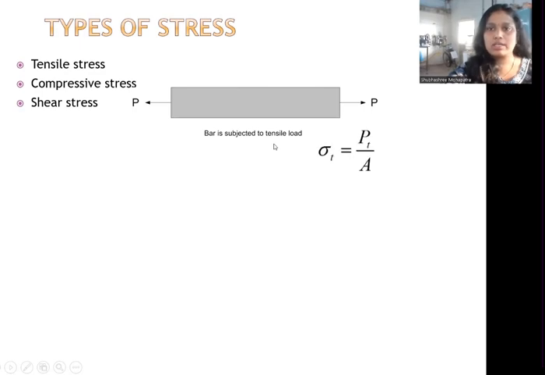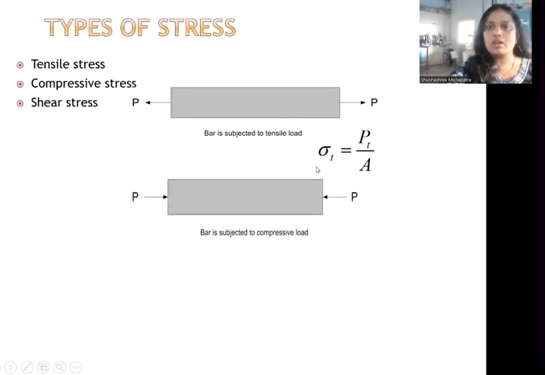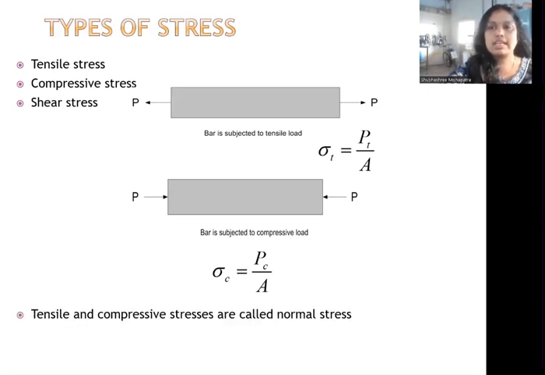It is nothing but the tensile force over the cross-sectional area. Similarly, for the compressive stress, the bar is subjected to two equal and opposite pushes. Because of these two equal and opposite forces, the stress developed in that bar is called your compressive stress. Mathematically, it is equal to the compressive force over the cross-sectional area. Next, tensile and compressive stress are called your normal stress.